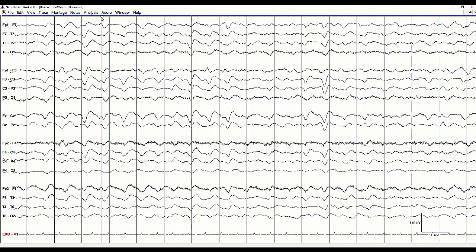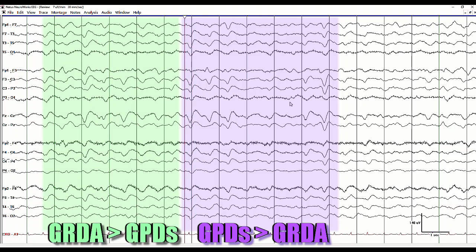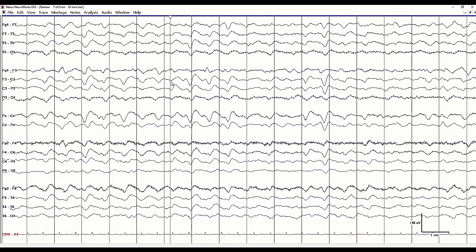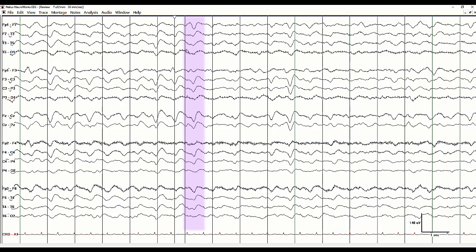So we see more GPD with triphasic morphology right here, and then there's more of a GRDA signature for these 3 seconds, and then it shifts back to the triphasic morphology. We can also see the lag within the anterior to posterior double banana bipolar montage. So we see there's a bit of a lag there.